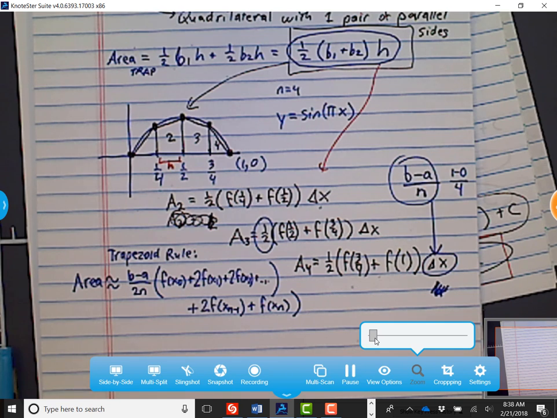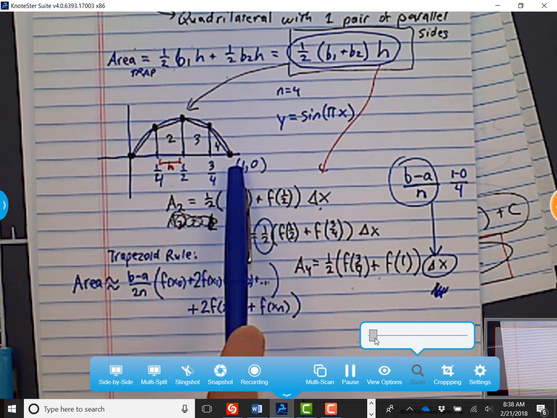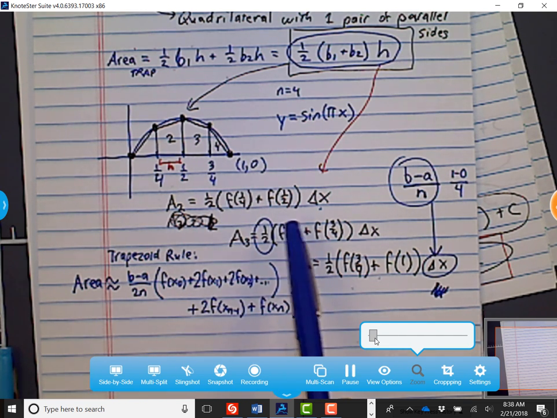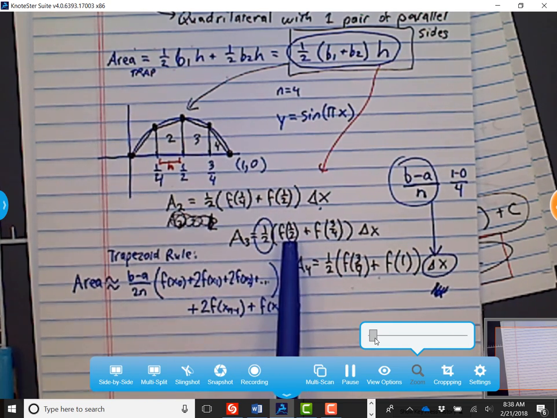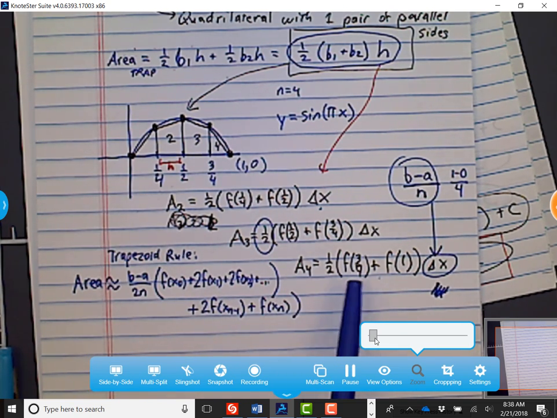And what's really cool is that this is something that's pretty easy to program. You need f of x0, which for us happens to be 0. You need f of xn, which for us happens to be 0. And then everywhere else, the reason you need 2's is because f of 1/2 appears in 2 formulas, f of 3/4 appears in 2 of them. Each other edge appears in 2 of the trapezoids. Does that make sense to you guys?